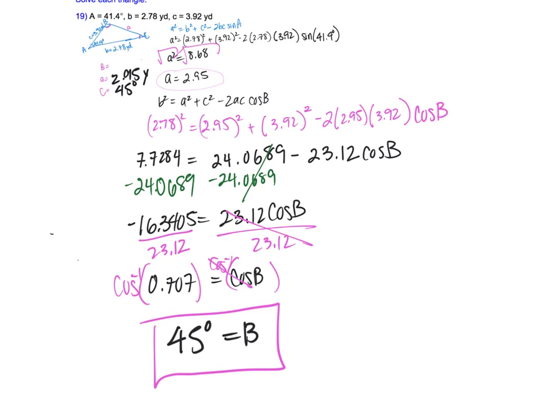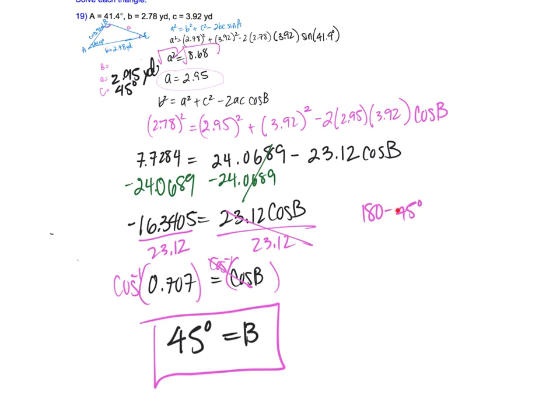And then for the last angle here, if I have two of the angles, if I have angle B and I have angle A, to find the third one, I can just use the sum of 180. The angle that they did give you was angle A, and you figured out what angle B is. So now you just have to figure out what C is.